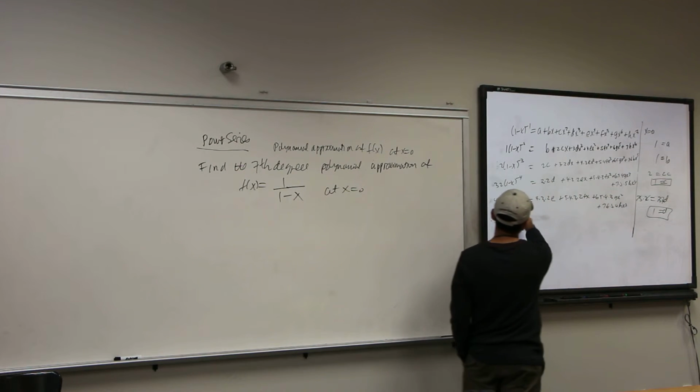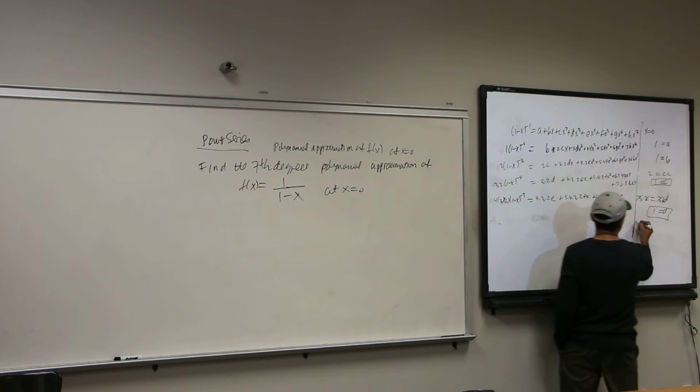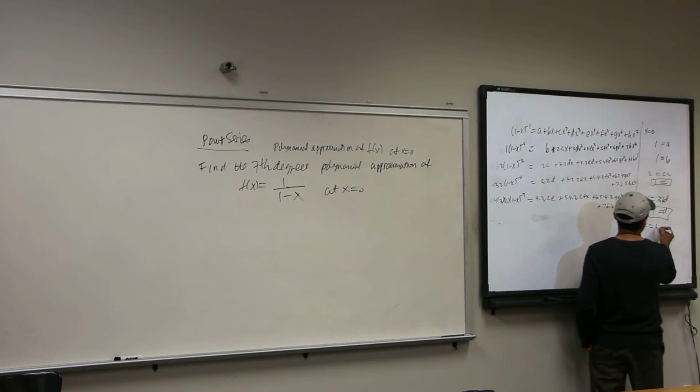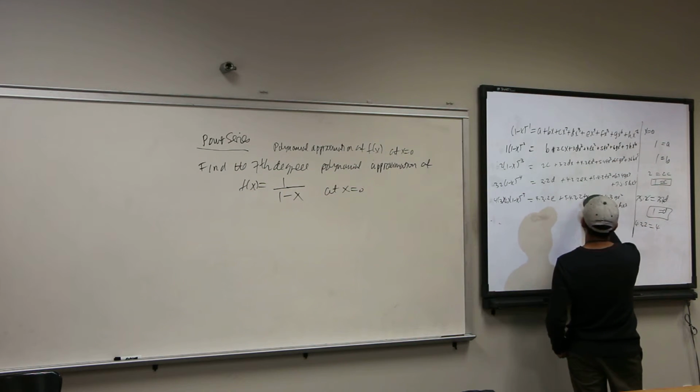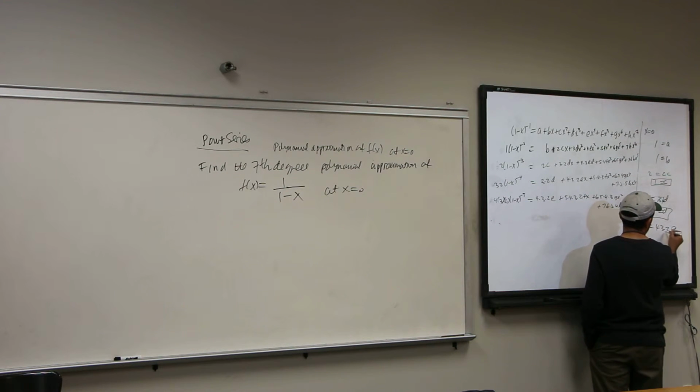Plug in 0 here, what do we get? 4 times 3 times 2. And 0 here, what do we get? This will be 0, that will be 0, that will be 0. This is 4 times 3 times 2 times e. So what is E? E is 1.